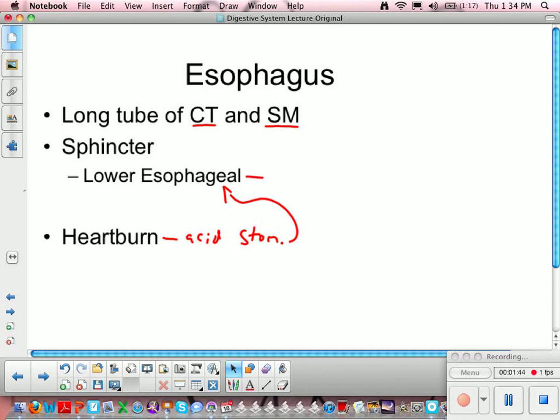That heartburn, or the ability for the acid to do that, could be related to just a weak lower esophageal sphincter, by the way, which is also called the cardiac sphincter sometimes. But that heartburn could be because of a weak sphincter. Or it could also be too much acid in the stomach, so it actually forces its way up through.